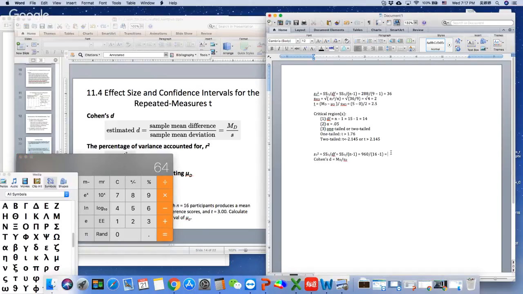Which equals 64, and SD equals the square root of this value.